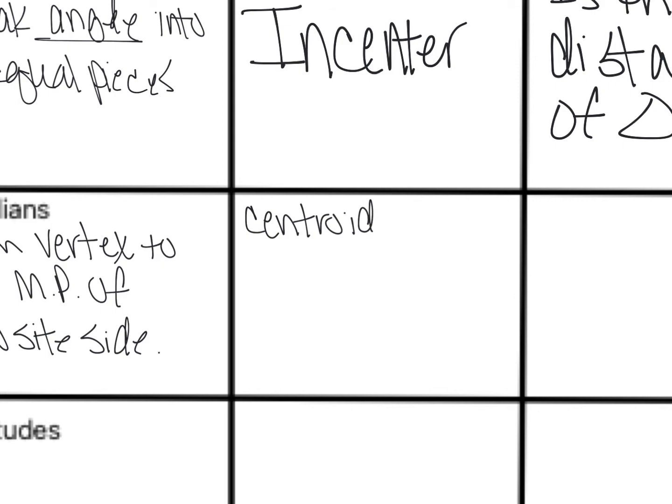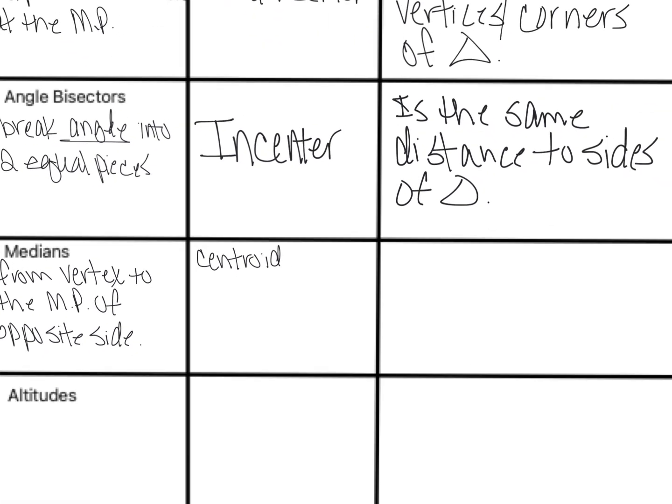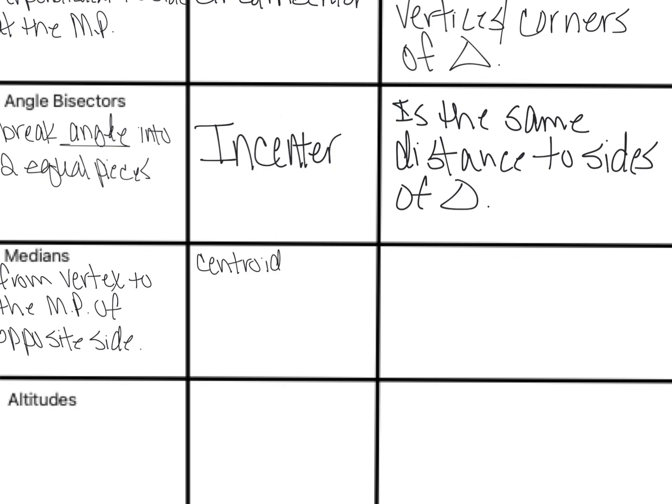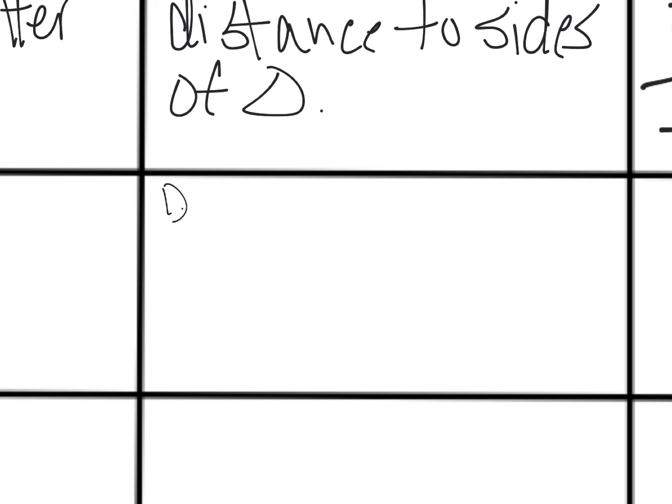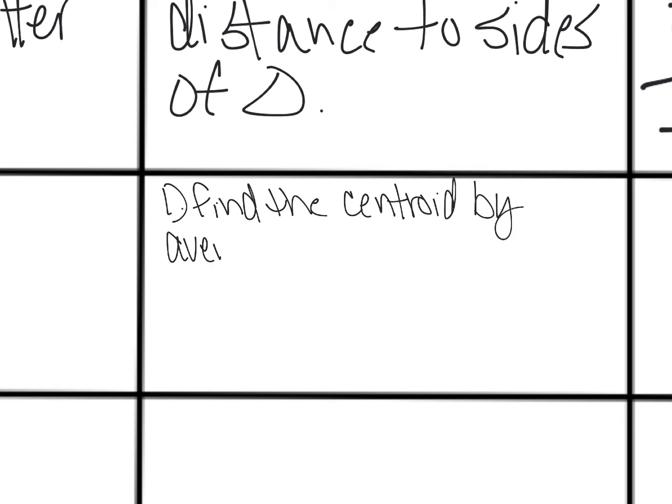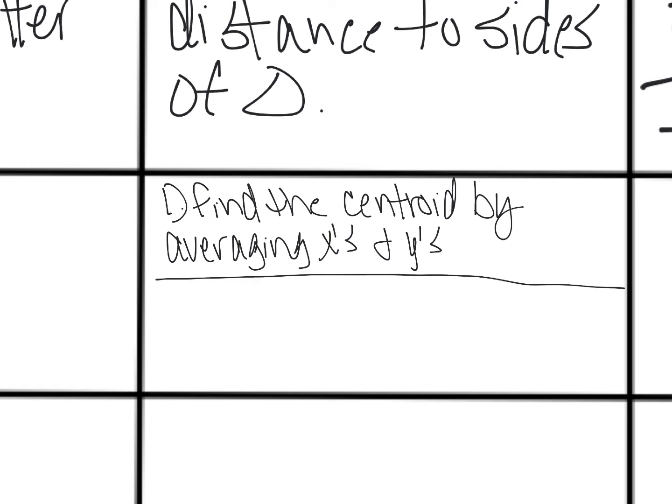The first thing that we learned about the centroid is that we can find the centroid by averaging our x's and y's. And that, of course, is when we're given ordered pairs. We have to actually have ordered pairs to do that.